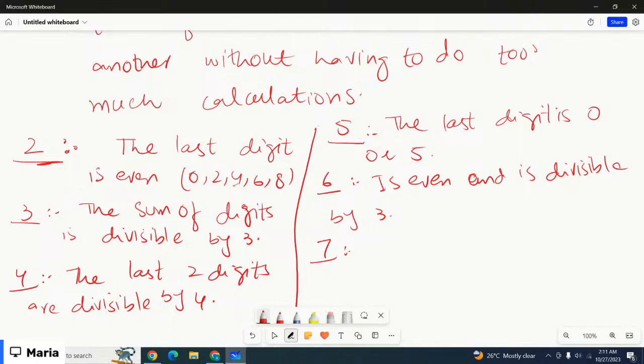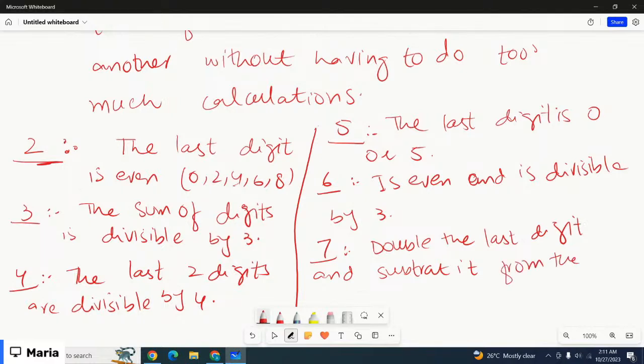So the divisibility rule for 7 is: double the last digit and subtract it from the number made by the other digits.